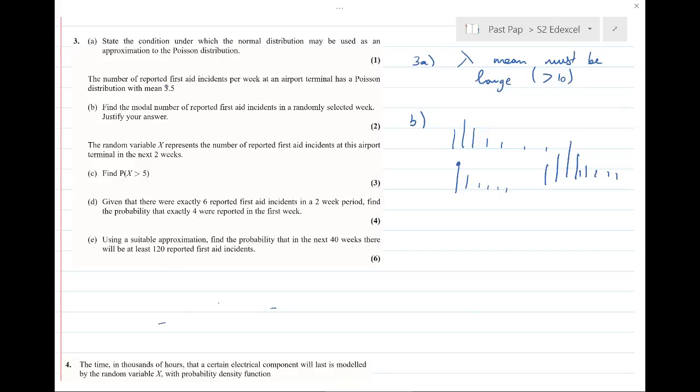Apparently, the mode will always be the next lowest whole number below the mean. But I'm not going to do it that way because I didn't even know it myself.